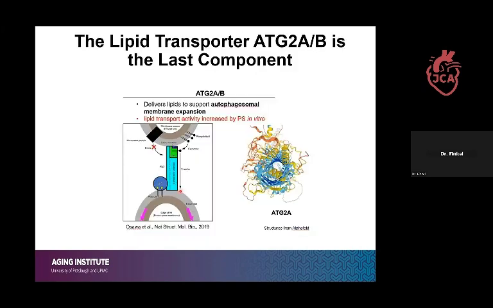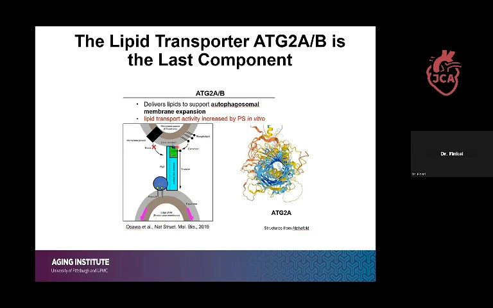And we searched for potential answers. And what we came upon is a protein called ATG2AB, ATG2, which comes in 2 genes, A and B. And this protein, as you can tell from its nomenclature, is really an essential autophagy gene. As many of you may know, ATG2 is involved in forming the autophagosome.